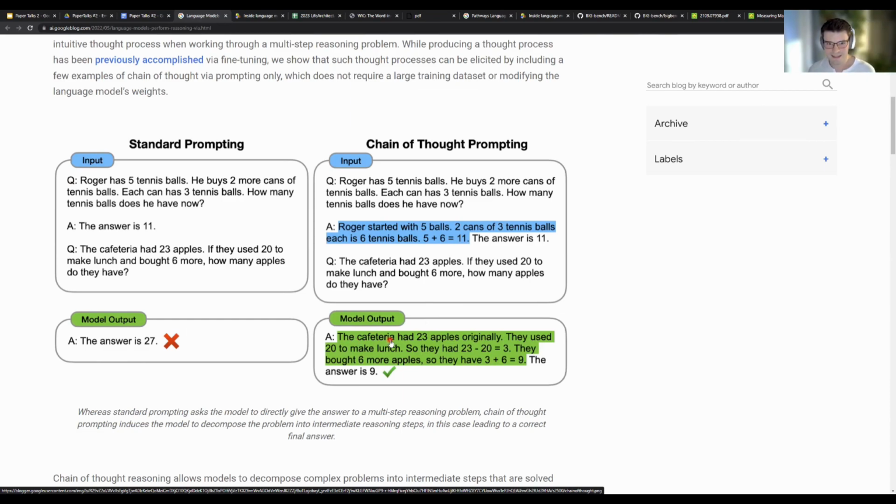So we aren't giving this model some side information; the model is generating it by itself, but these additional steps actually help it to understand the question better.